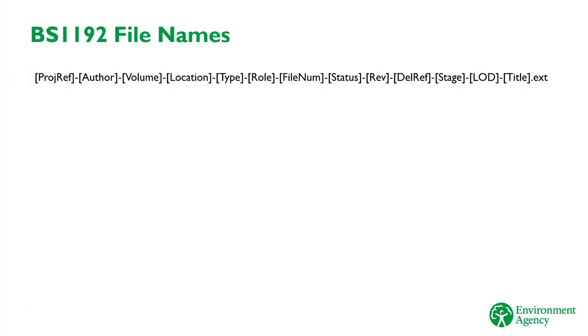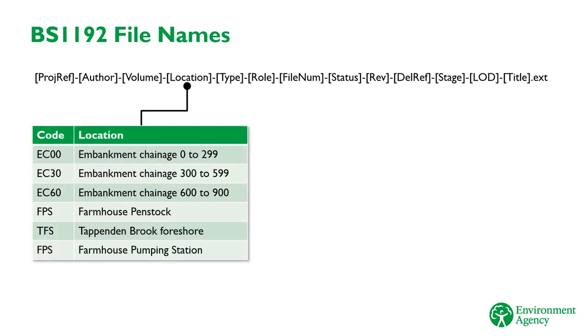The purpose of the BIM file name is to help you find files in the workspace by filtering for the things you're looking for. The fields are defined by the IDP, and with the exception of the plain text title, either contain standard codes or ones you can manage through the IDP to suit your project. So, for example, if you wish to search for all the information that relates to a particular location, you can simply create a filter for that location in the CDE.